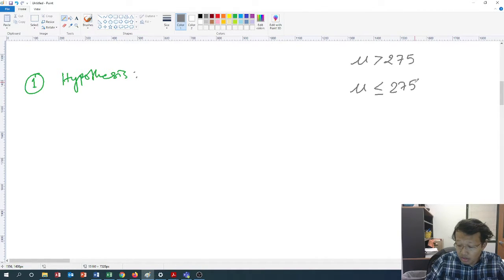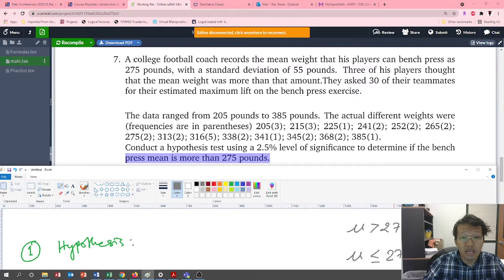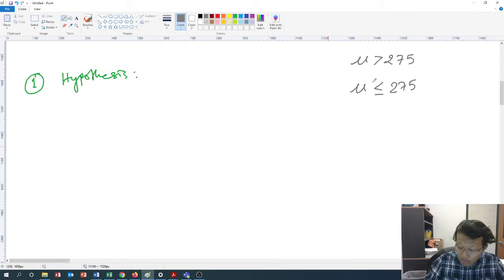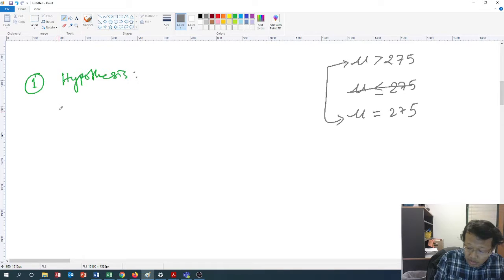Now, the question already says that the mean weight that his players can bench press is 275 pounds, so we would assume mu equals 275 pounds. These two are contradictory hypotheses. We know the equality sign is for the null hypothesis, and the alternate hypothesis is mu is greater than 275 pounds.